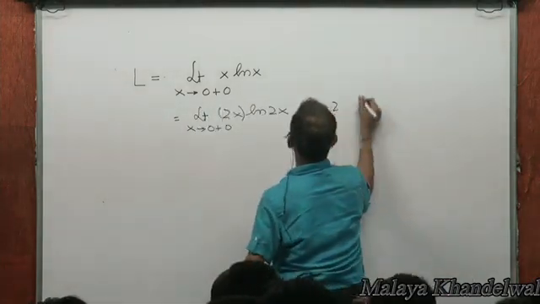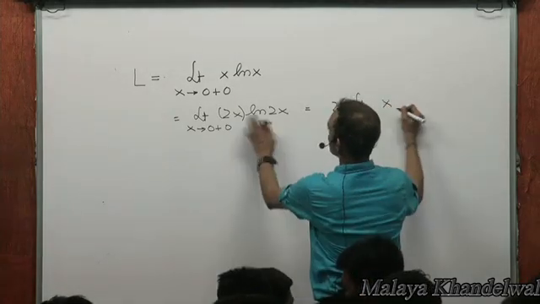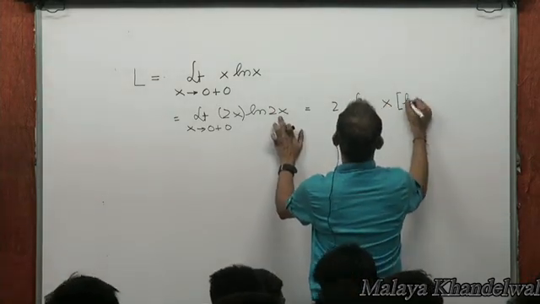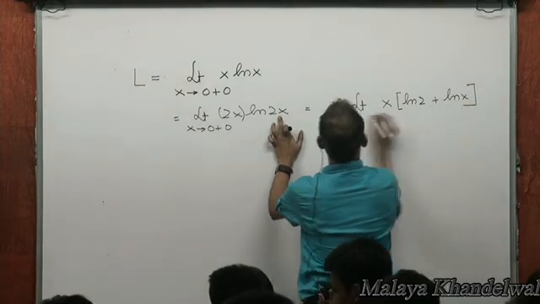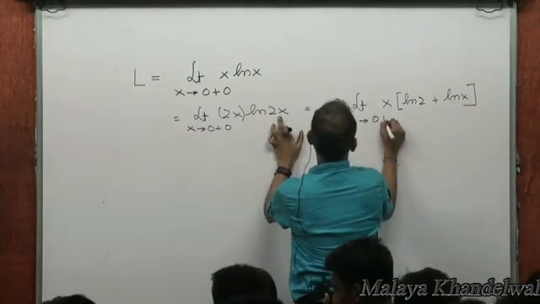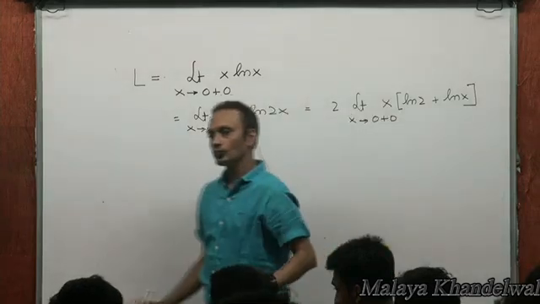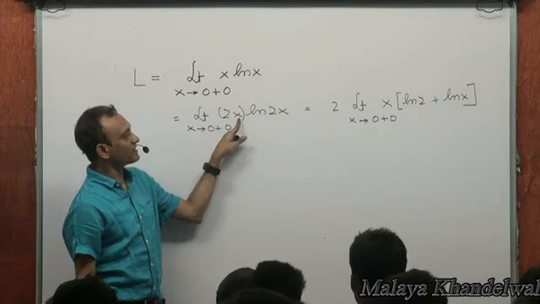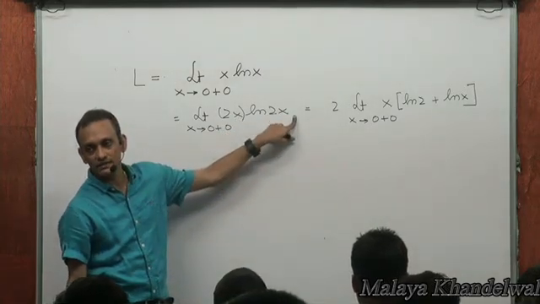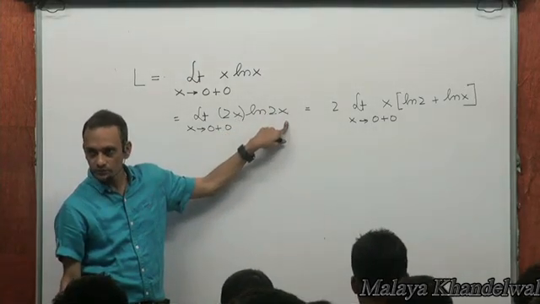This is twice limit x ln 2x, and ln 2x is ln 2 plus ln x, as x tends to 0 from the greater than 0 side. 2 taken common, x into ln 2 plus ln x. Right?